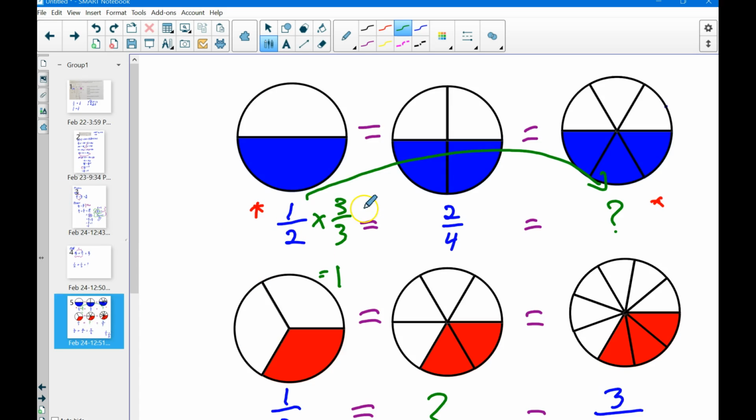And then I just go 1 times 3 gives me 3. And 2 times 3 gives me 6. So this turns into this. Same value, same shaded area, but it's the denominator or bottom that we're looking for. Wow, who knew that was so easy?